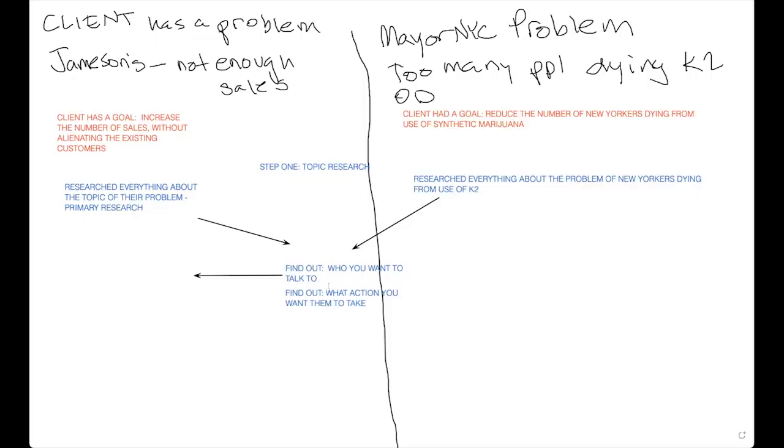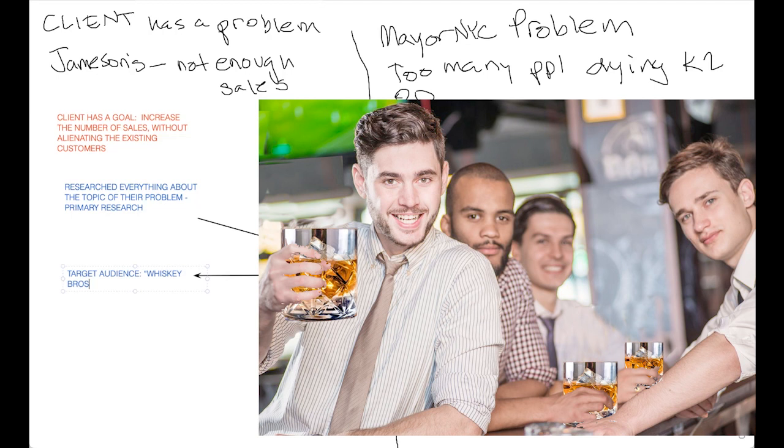Of course, who you want to talk to is called your target audience. So the target audience that Jameson's came up with from doing their topic research was what we called whiskey bros. They were in their 20s to 40s, mostly in business.